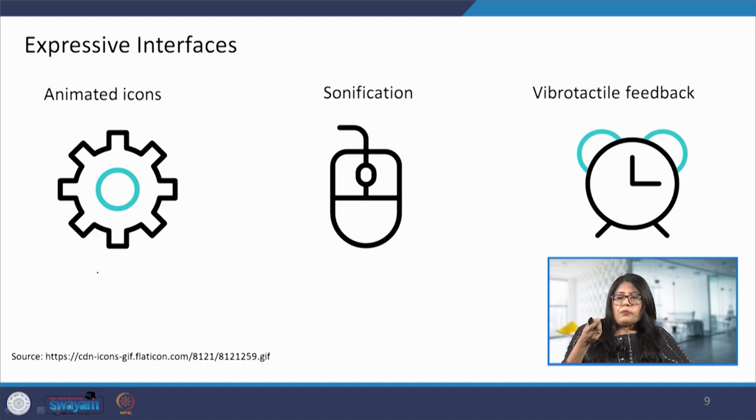So, the phone vibrates. When we put our phone on vibrate mode, we are in a meeting, so we don't want it to disturb, then the vibration tells us that we are getting a call or a message. So, these are also expressive interfaces, and they help communicate to the user effectively.